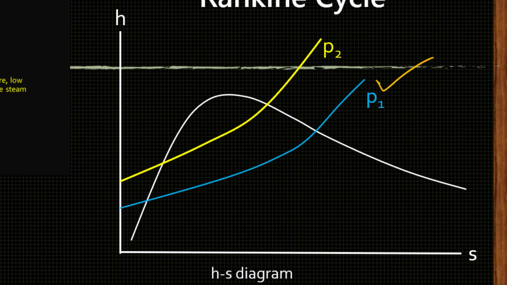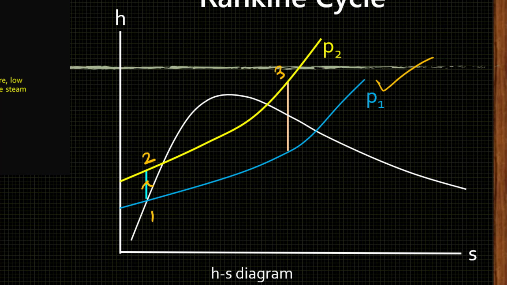So during the process 1-2, there is an increase in pressure from P1 to P2, and that takes place isentropically. So 1-2 is isentropic, and pump work is done during this process. And from 2 to 3, these are constant pressure lines, so from 2 to 3 there will be addition of heat to the system at constant pressure.